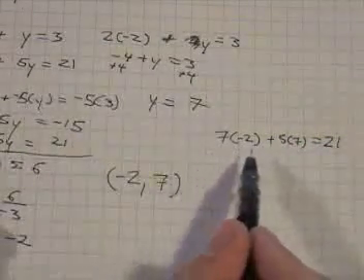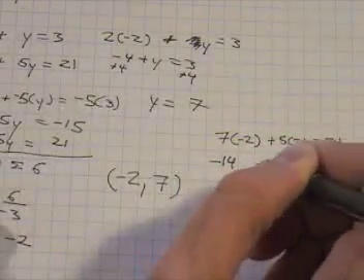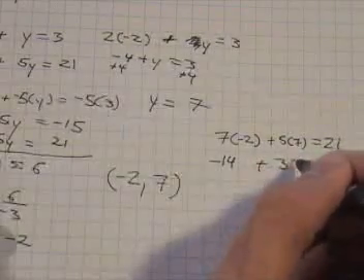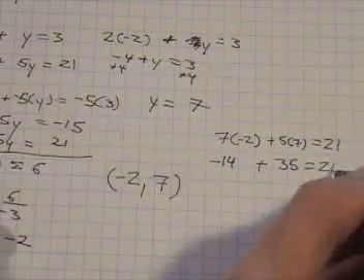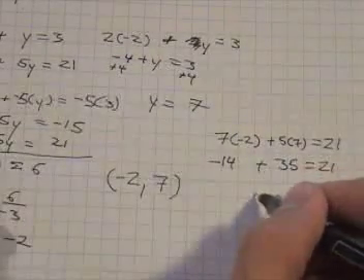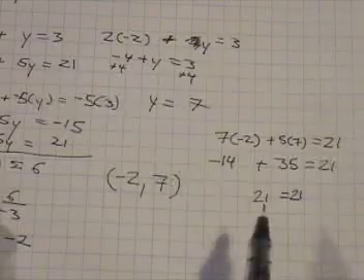Is this in fact right? So this is negative 14 plus 5 times 7 is 35, equals 21. And this actually does turn into 21 on this side. So 21 equals 21. It checks out.